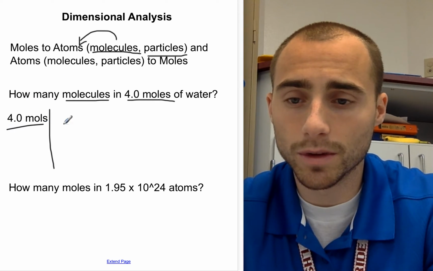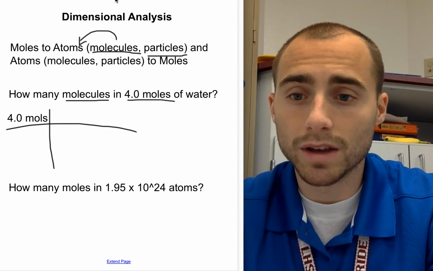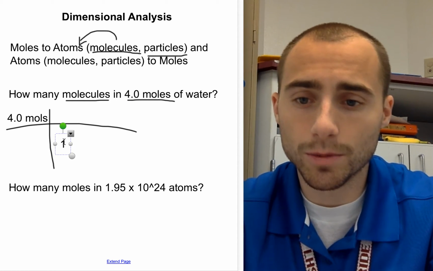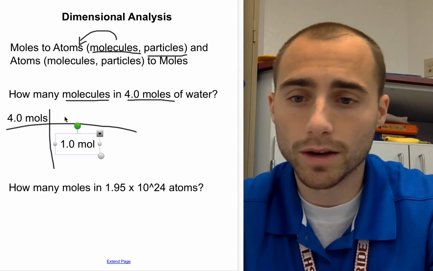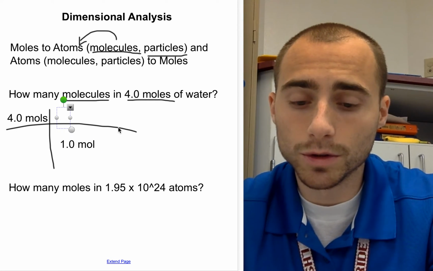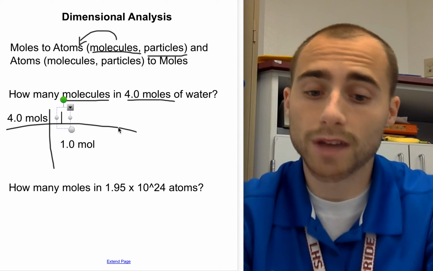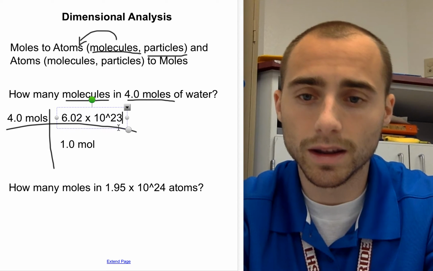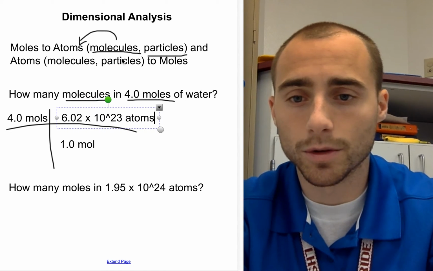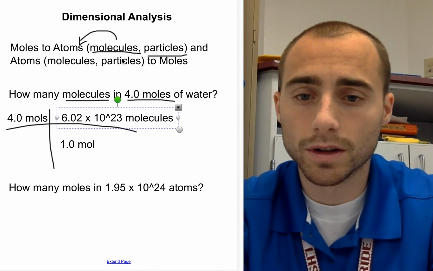Again, these are just going to be one step. And you will see on your pink sheet, you would put 1.0 mole down here. And then we're going to molecules. How many molecules are in 1 mole? Same as atoms. It's 6.02 times 10 to the 23rd atoms. Or sorry, in this case, molecules.